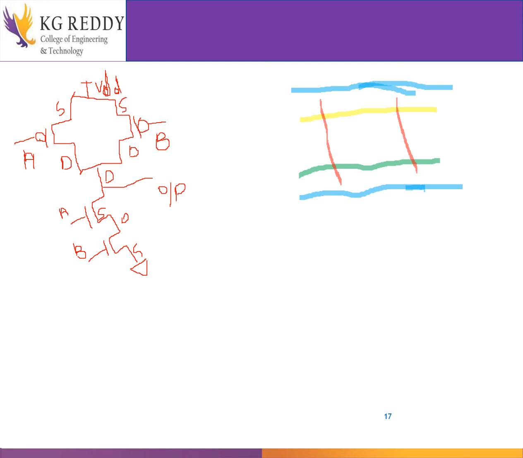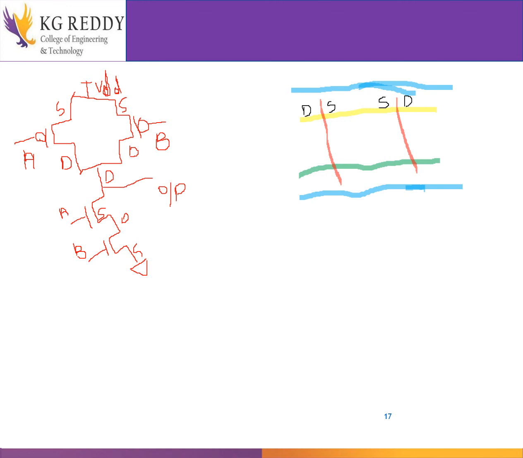But one more thing here is that we are supposed to also mark the source and drain regions, because both these sources are shorted. So I can simply say this can be my source, and this can be my source, and this I'll take as a drain, and this I'll take as a drain, right?